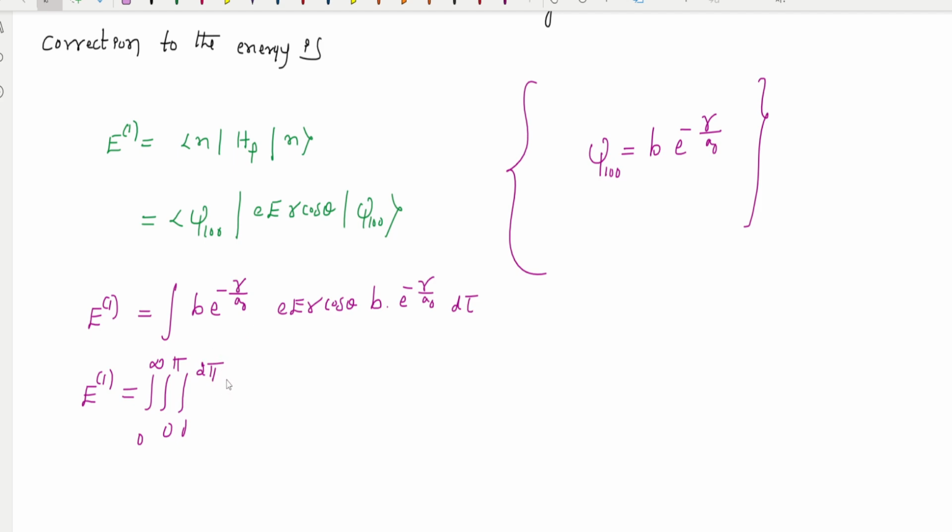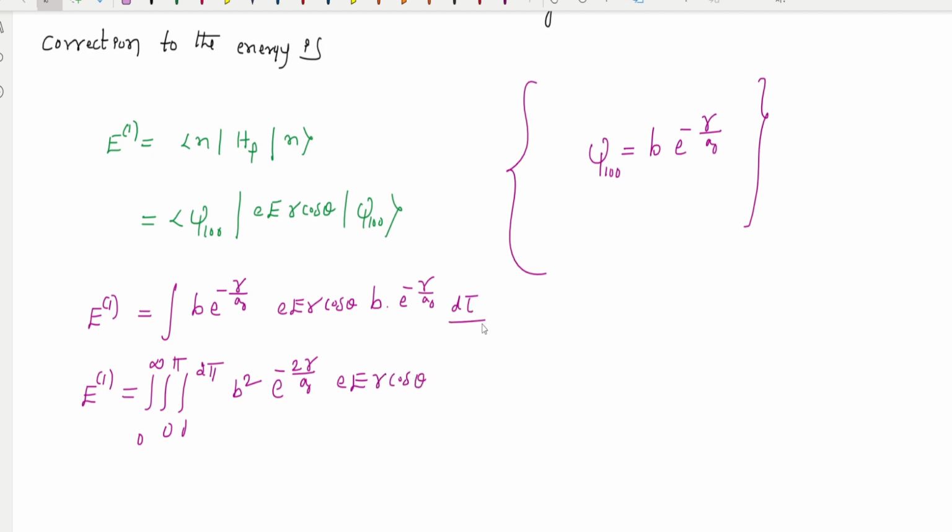So this situation is B squared e power minus 2r divided by a naught, E r cos theta.